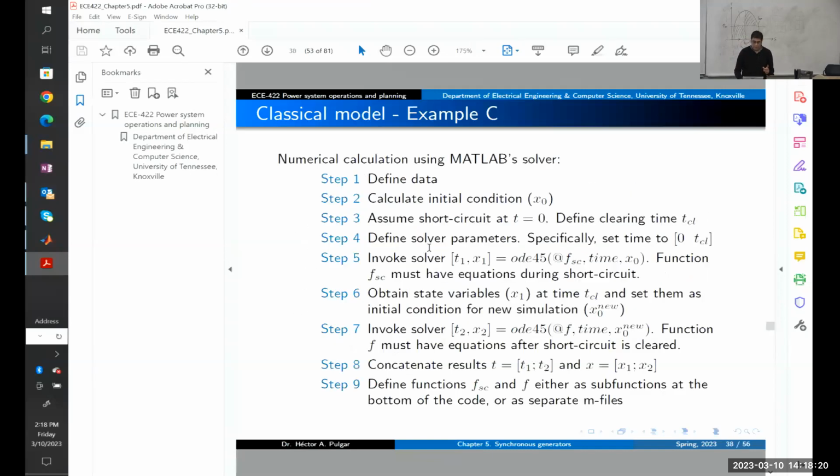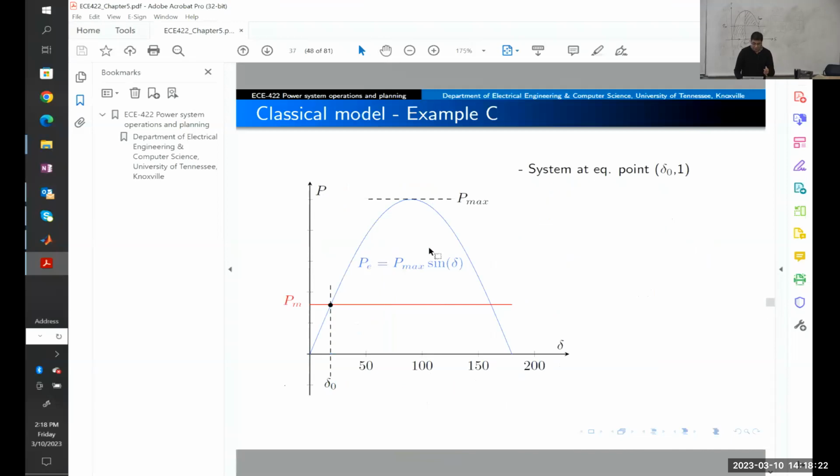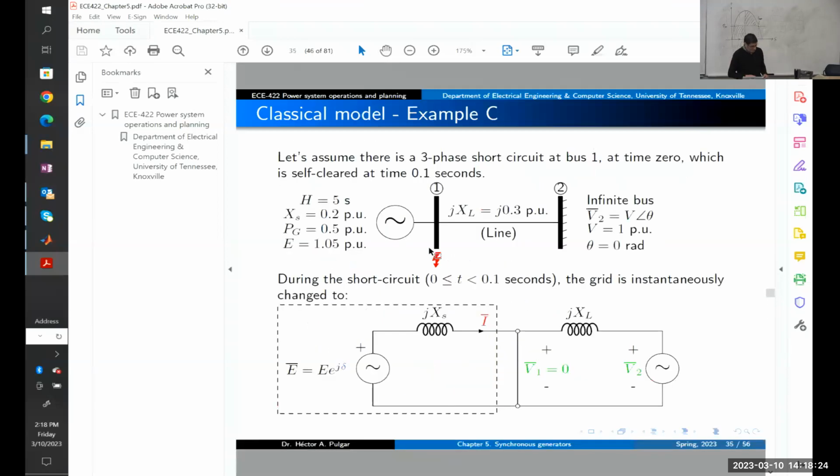So let's get the data because I don't remember all the data. That's the system and that's the data. So perfect. So I will put that here in the board and we will work on this. So we have a generator, bus 1. We have a transmission line, bus 2, that is an infinite bus. The voltage at bus 2 is 1∠0 per unit.